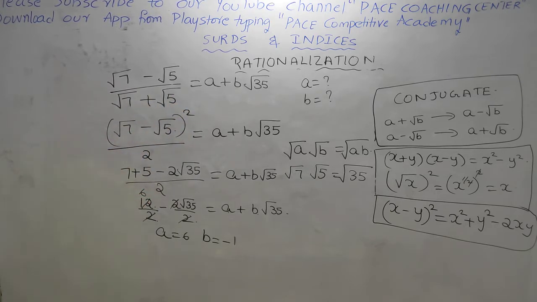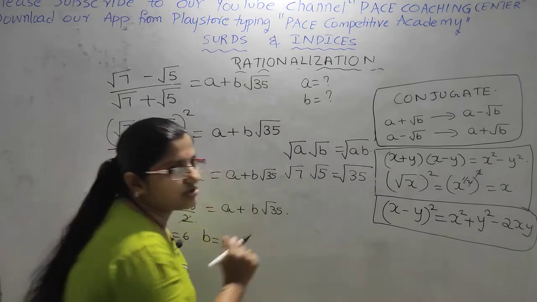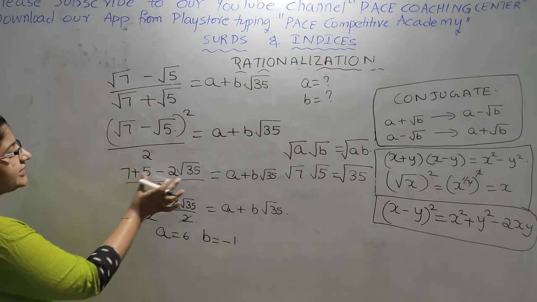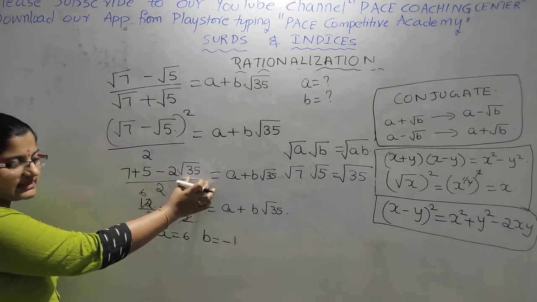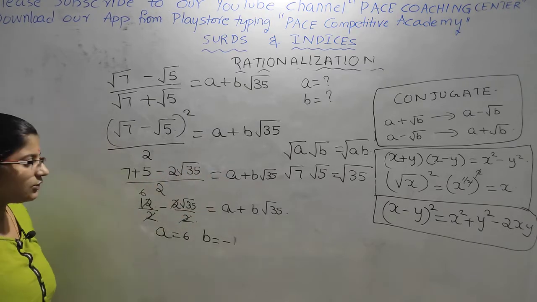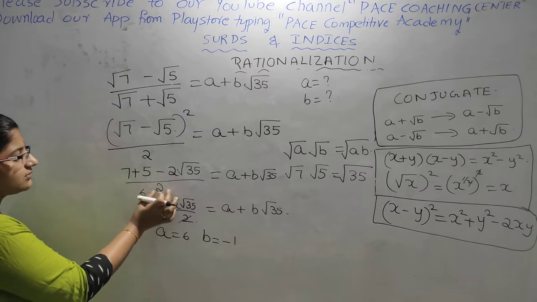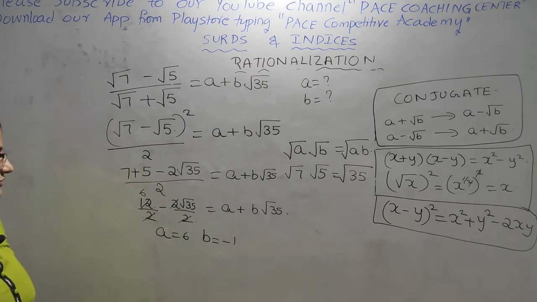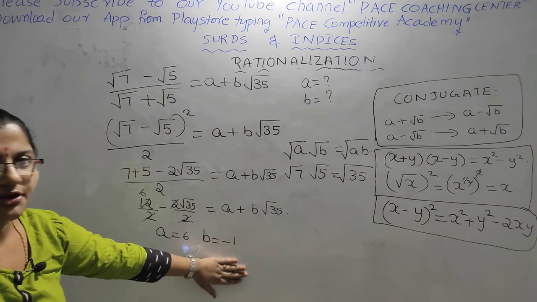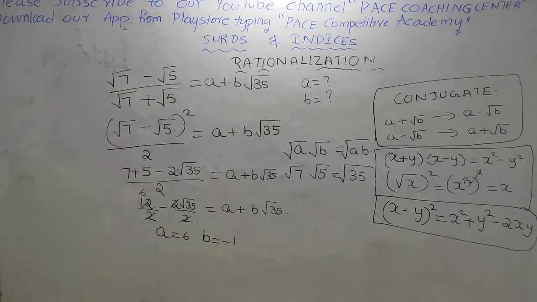Again by using the x minus y whole square formula, I have split it into x square plus y square minus 2 into x into y, divided by 2. I have split 2 in order to simplify these two values and I got the result of A and B. So this is how you need to solve this problem.